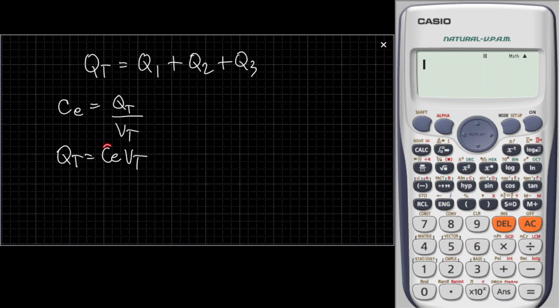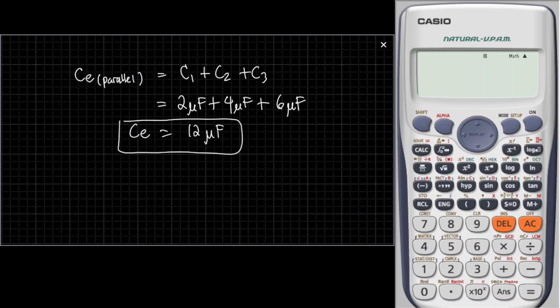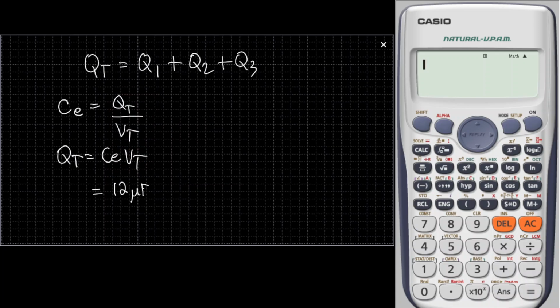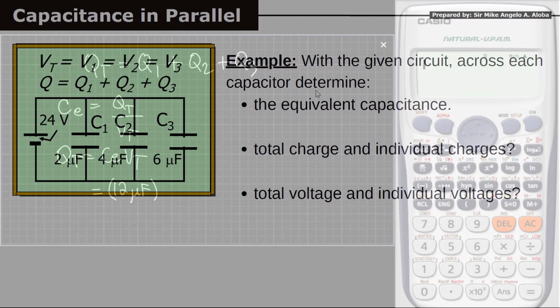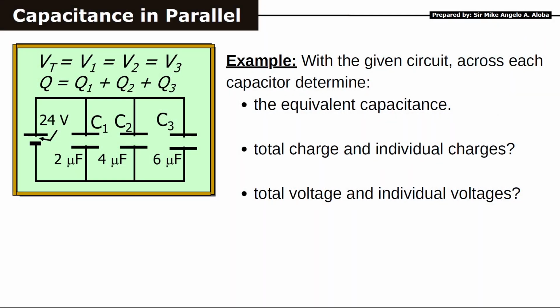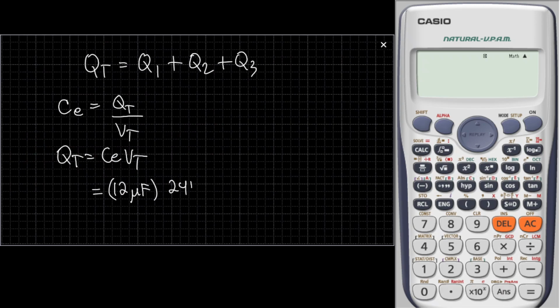Ano tong CE na to? Equivalent capacitance. VT is the total voltage. So, equivalent capacitance natin from here is 12 microfarad times total voltage natin, 24 volts. Dito yung battery. 24 volts. And you will get 12 times 24. So, our calculator is your best friend here. 288 microcoulombs.